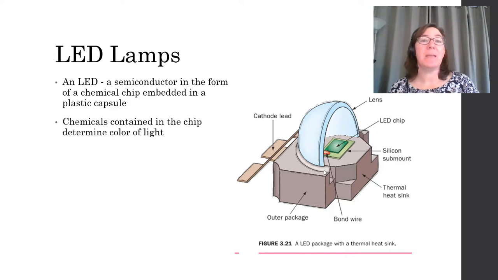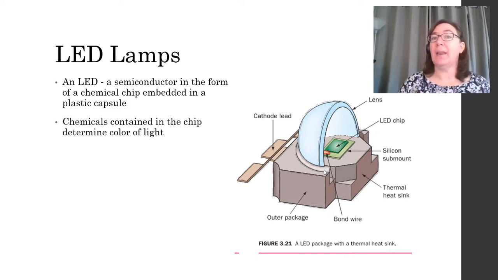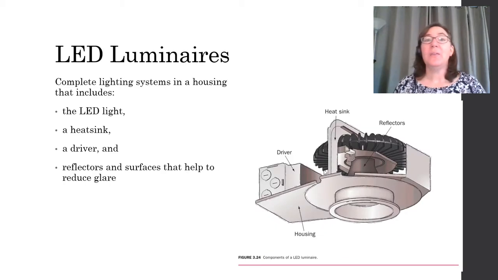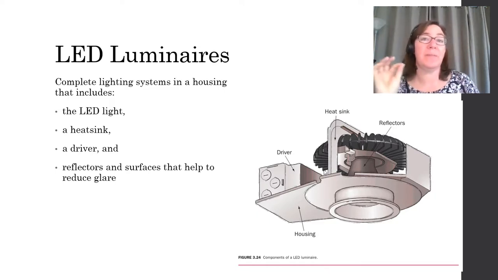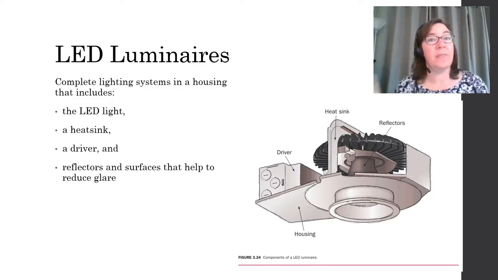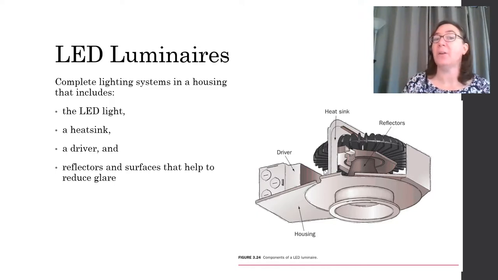Now, LEDs can come in replaceable lamps, like a bulb that you take out and replace into a luminaire, or you can have an LED luminaire specifically. It's a complete lighting system in its own housing. That's going to include the LED lamp, a heat sink, because it's a closed system, and even the tiny amount of heat that the LED puts out can cause problems.